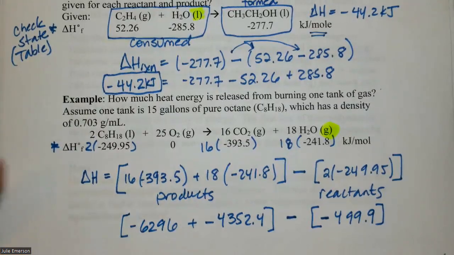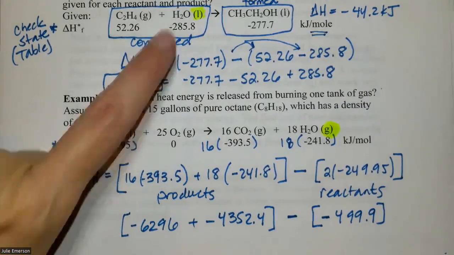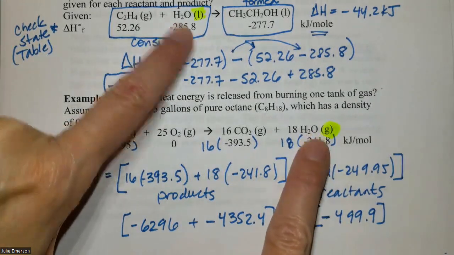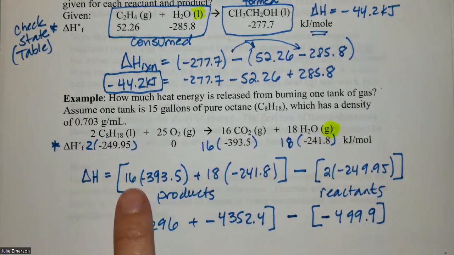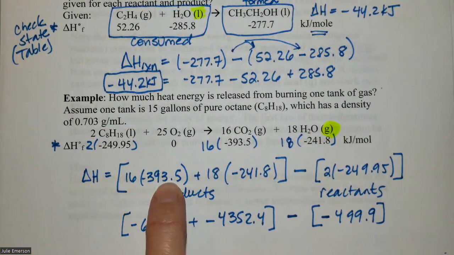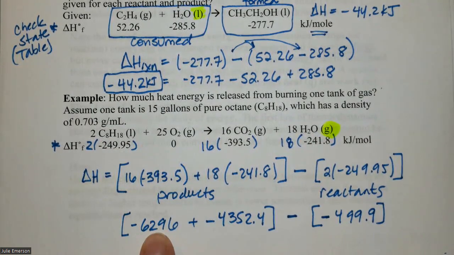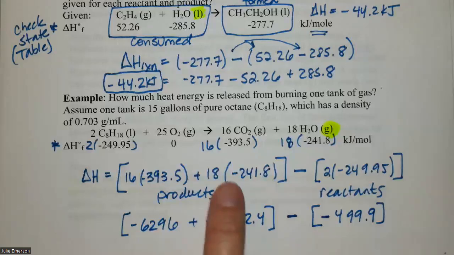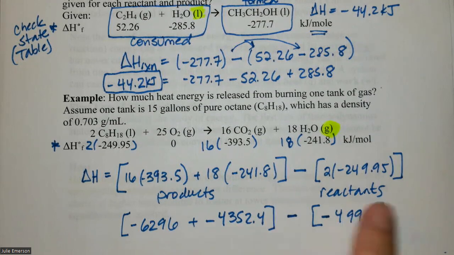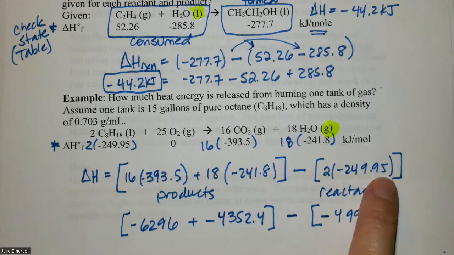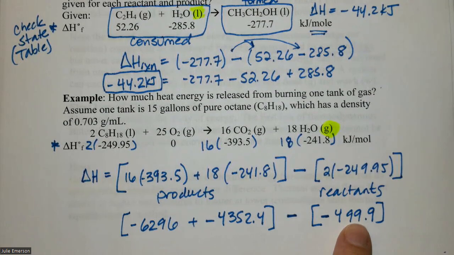Make sure you check the state when you go to look at the table, because water liquid and water gas has 2 different values. All right. So we've got the 16 times negative 393.5 is where I got the negative 6,296. 18 times the negative 241.8 is where I got the negative 4,352.4. And then 2 times the 249.95 is where I got the 499.9.